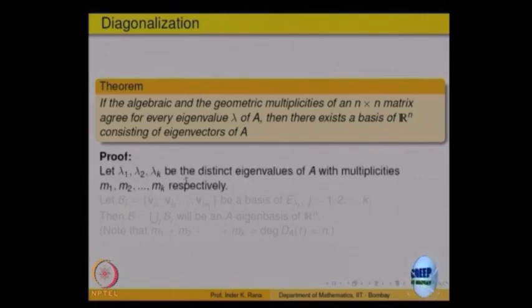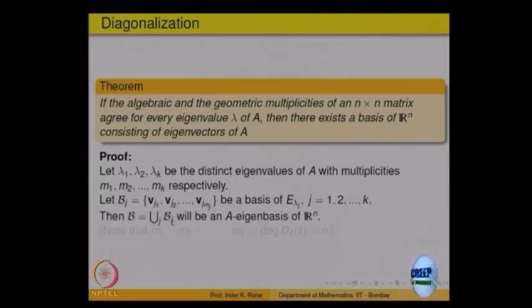If these are distinct eigenvalues with multiplicities m1, m2, up to mk, for each we can find a basis with as many vectors as the algebraic multiplicity. Find the bases and put them all together. For each eigenvalue there is an eigenspace with a basis having as many eigenvectors as the algebraic multiplicity, if they are equal. Put them together, and you get a basis consisting of eigenvectors for the underlying space R n.